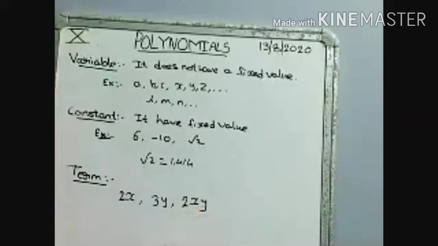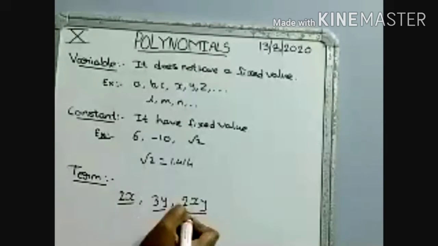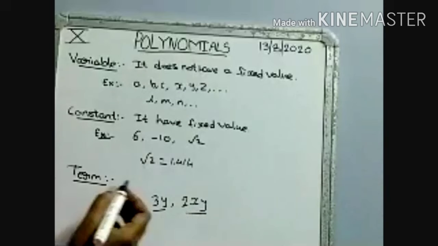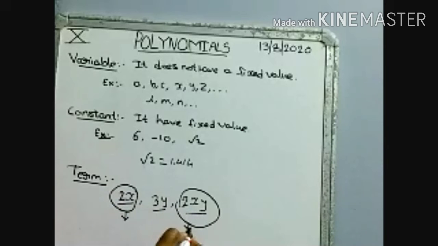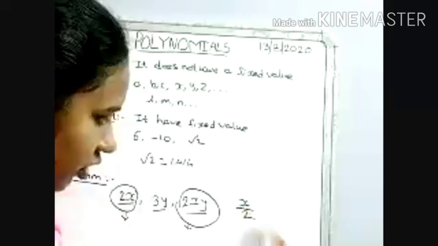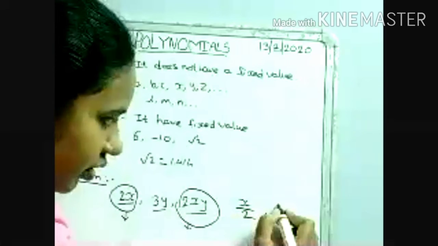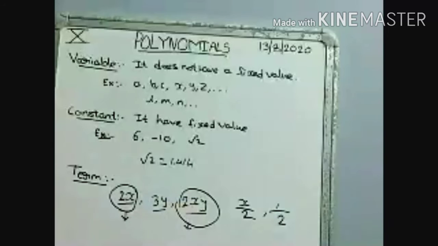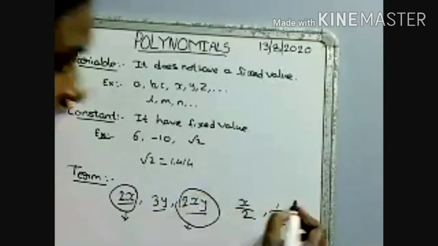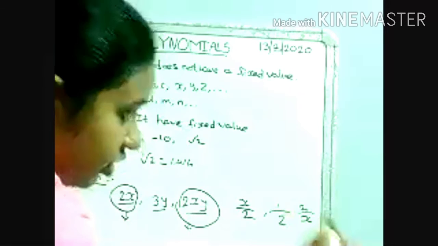If you take x by 2 also, we can take it, or 1 by 2, whatever it may be, no problem. You can take 2 by x also. So all these are terms only.